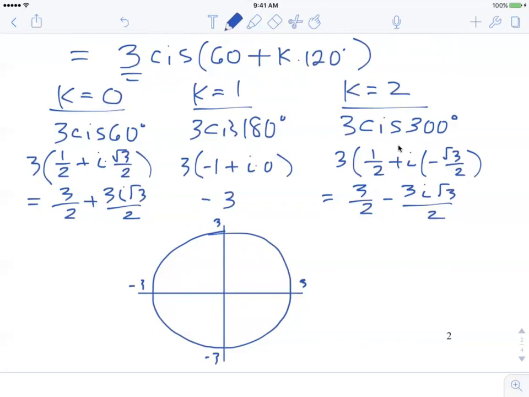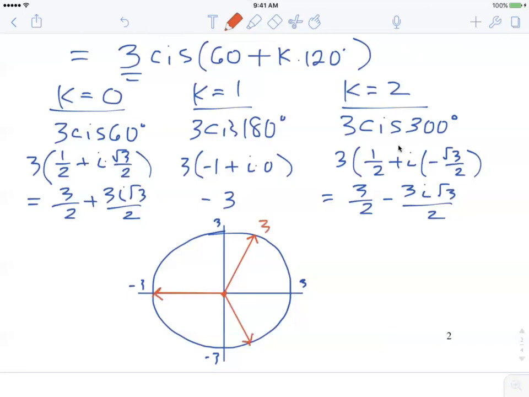So for example, 3 cis 60, let's do these in red, would be starting at the origin and going at a 60-degree angle out to 3 units. 3 cis 180 would be right on the negative real axis. And then 300 degrees is down here. Right?